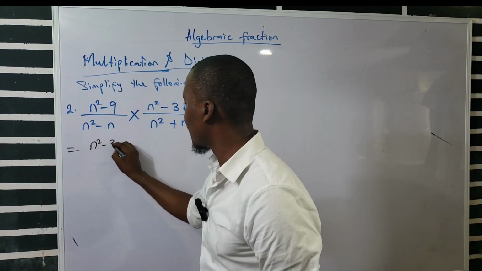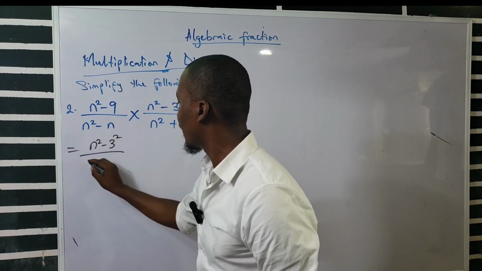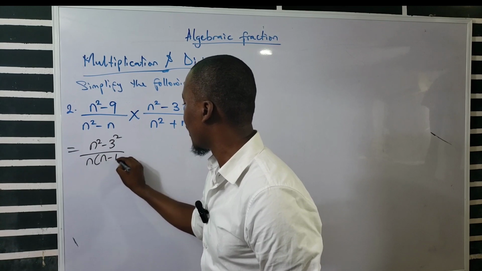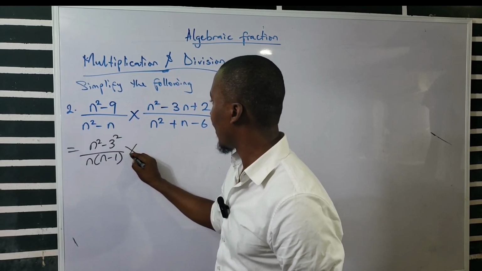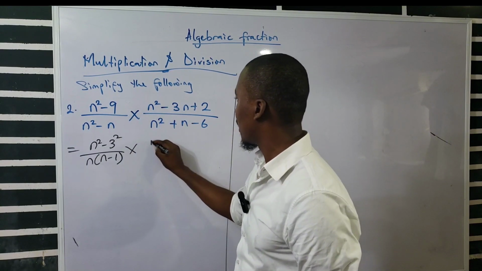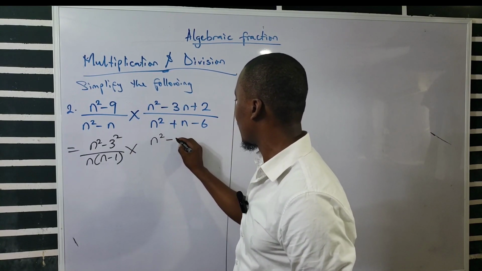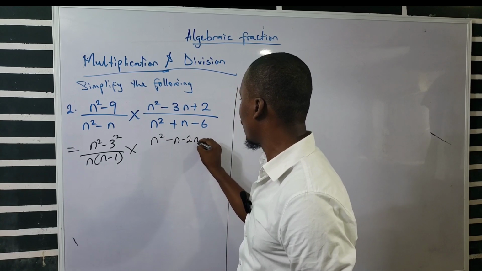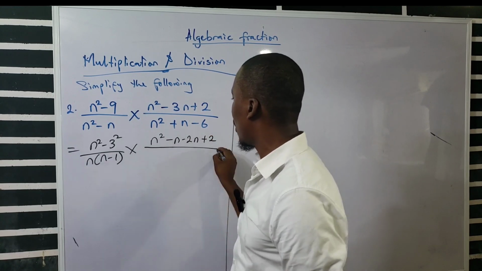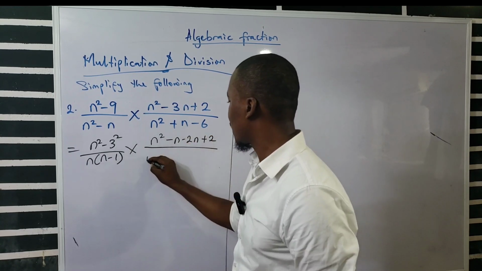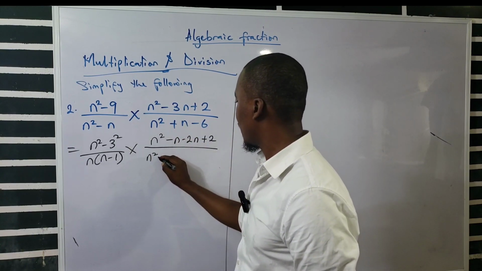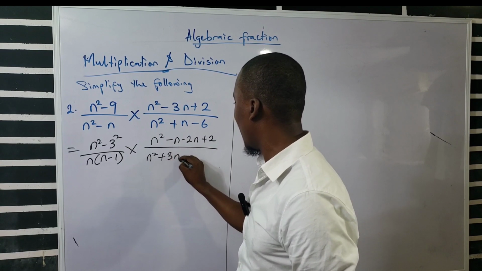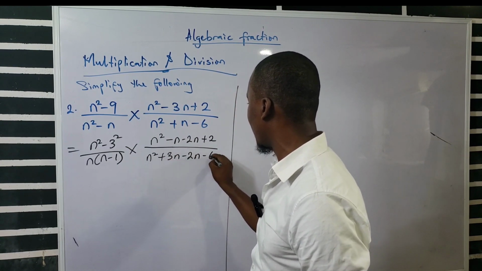So what are we going to do? N square minus 3 square all over n into n minus 1. I just factor n out here, times this one will give us n square minus n minus 2n plus 2 all over, this one will give us n square plus 3n minus 2n minus 6.